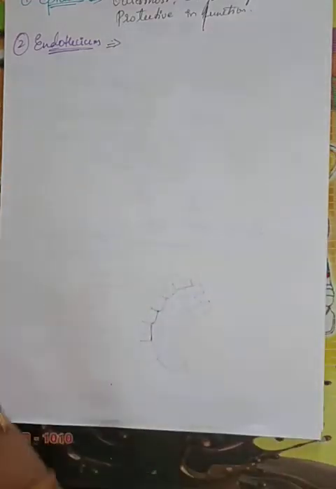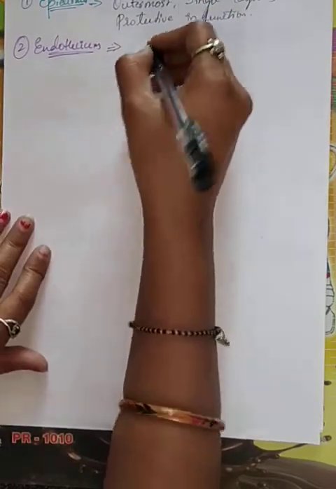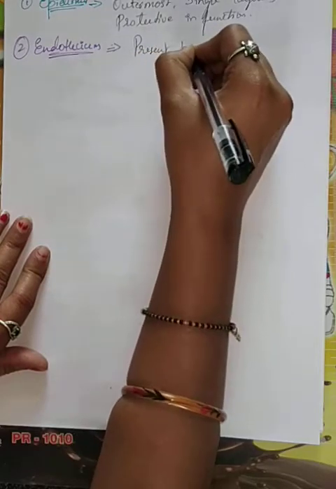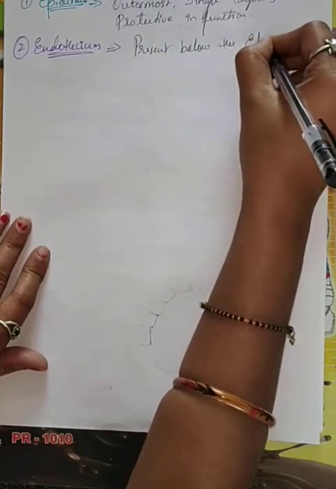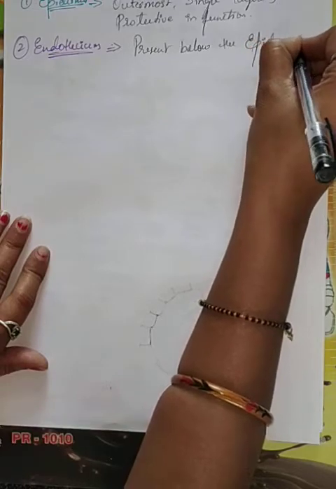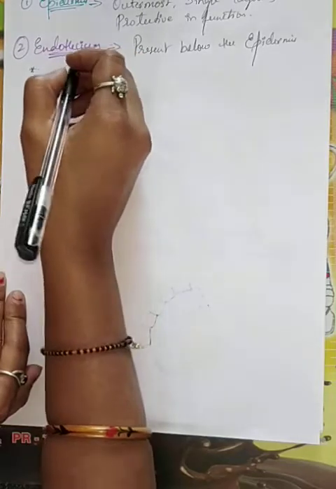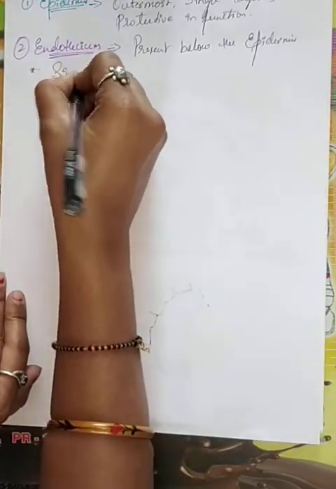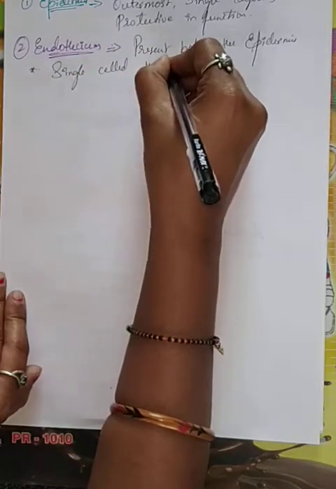Okay. The second one is endothecium. Endothecium is present below the epidermis. The second point is, it is a single celled thick layer.